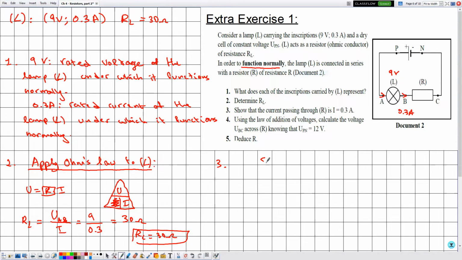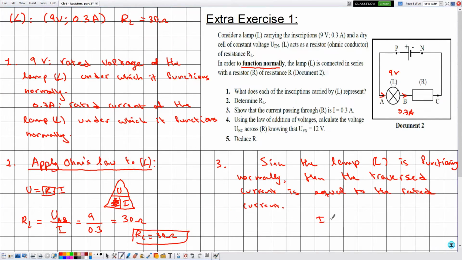So let me say first, since the lamp L is functioning normally, then the traversing current is equal to the rated current of the lamp L. So we mentioned the lamp L here. Then in this case, I is equal to 0.3 amperes.